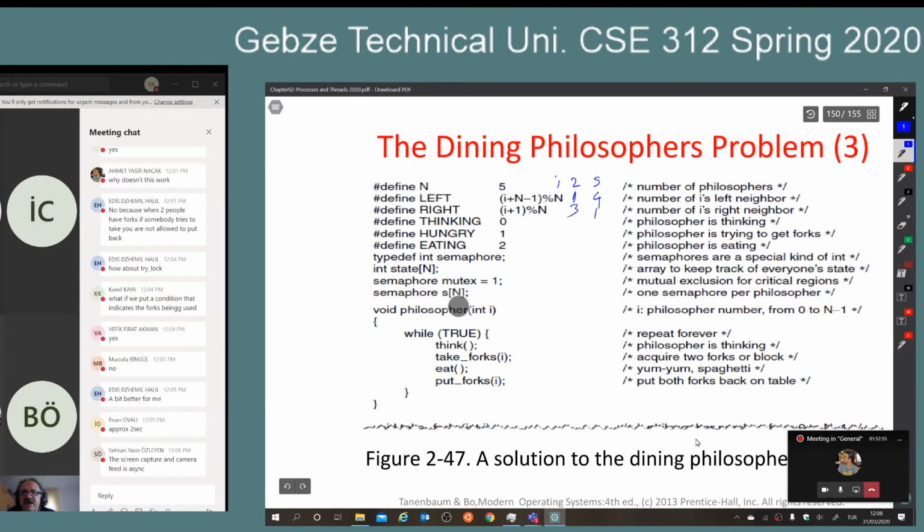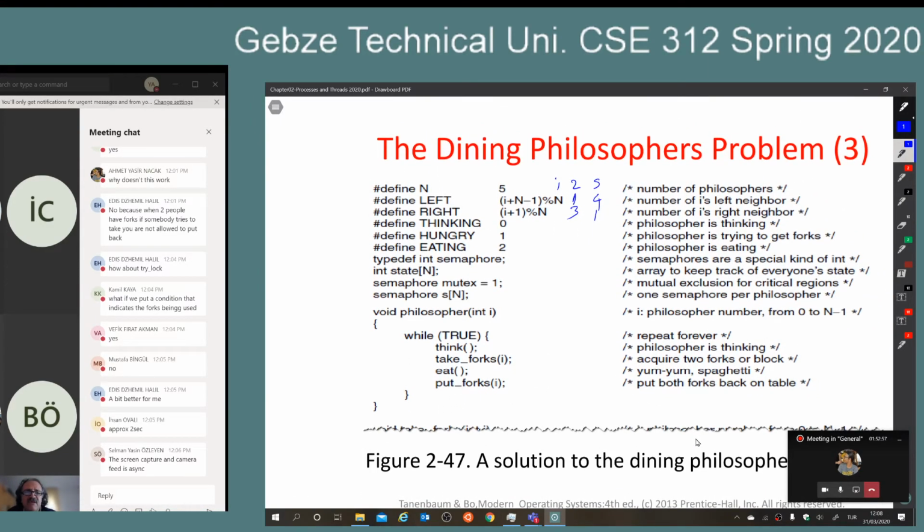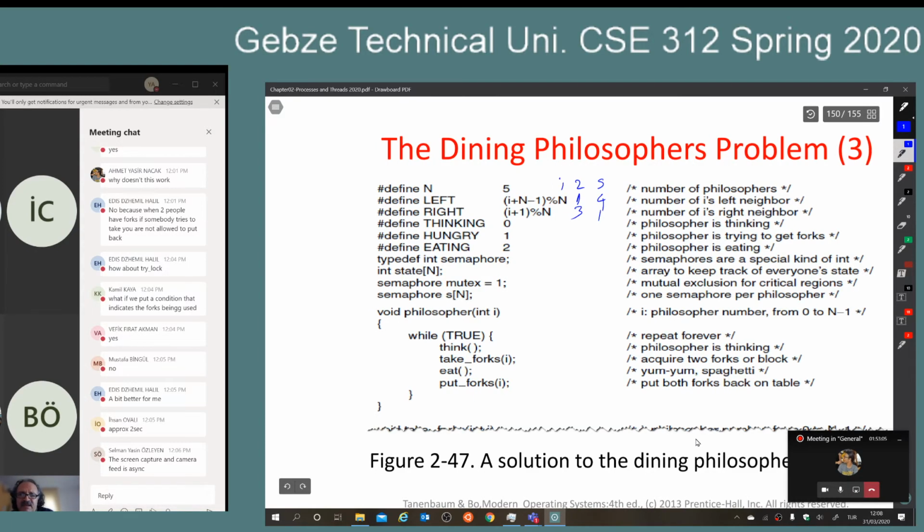And I have 5 semaphores, 1 semaphore per philosopher, and we are going to see how we are going to use it. I have this state array and the semaphore array. In the state array, I am going to keep the state of each philosopher, either thinking, hungry, or eating. And the semaphore is not a counting semaphore, it's actually a mutex.